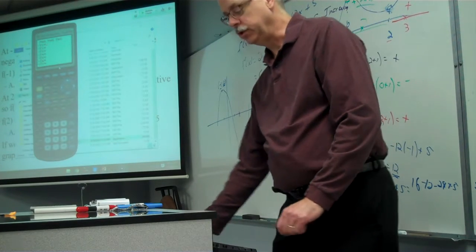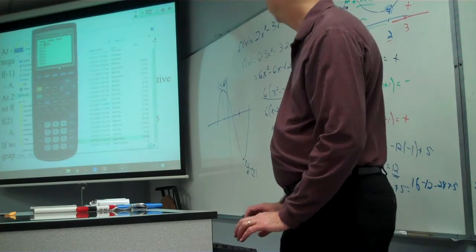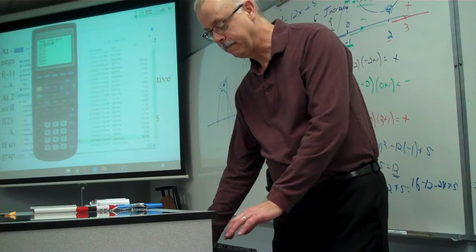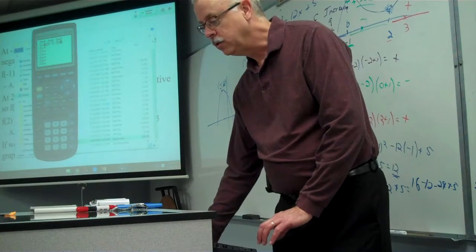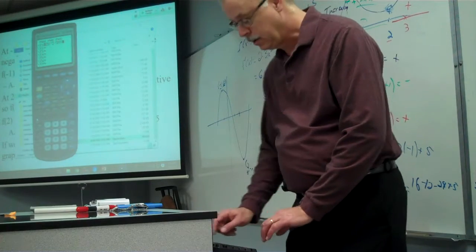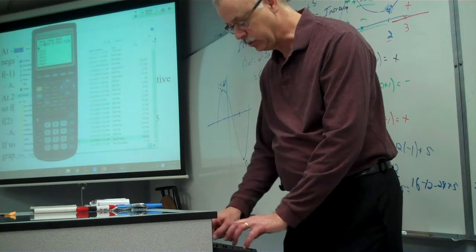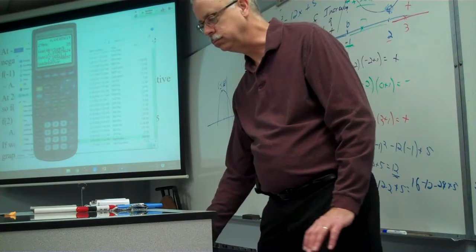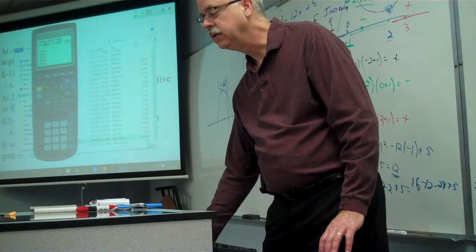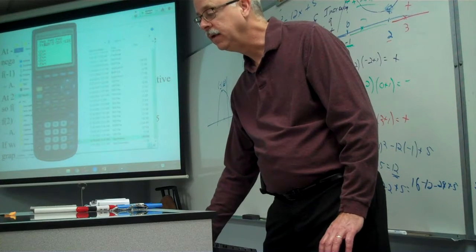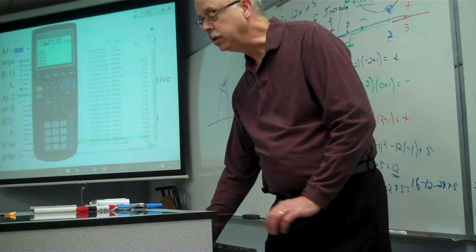And say, well, graph this function. 2x to the third minus 3x squared minus 12x plus 5. And actually, that minus isn't going to work.